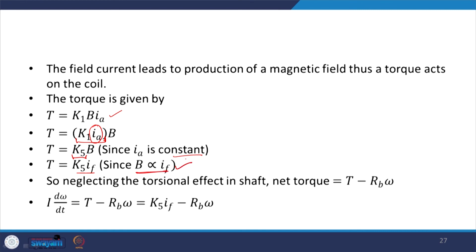Okay. So, if I neglect the torsional effect in the shaft, the net torque is again going to be equal to T minus Rb into omega, where Rb is actually the bearing resistance and omega is the angular speed of the shaft. And this is the factor which is responsible for the acceleration of the shaft. So, I equate it to I d omega by dt, and then I substitute for T, that is K5 If minus Rb omega.